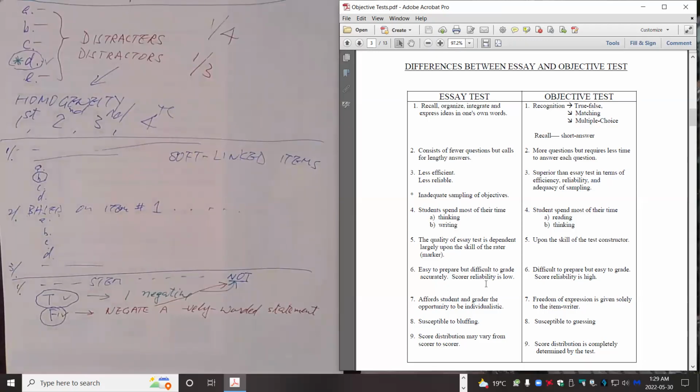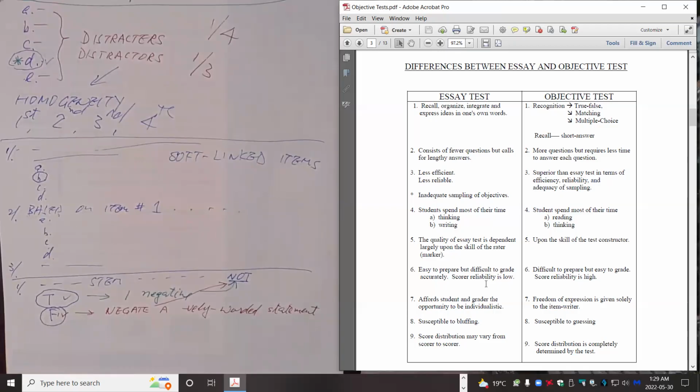But we have to admit, it is difficult to grade accurately because each one of us has our bias, right? You look at the name Peter Chow, I will flunk him. Personal biases. And sometimes the marker breaks for lunch, having a beer, coming back to continue marking.